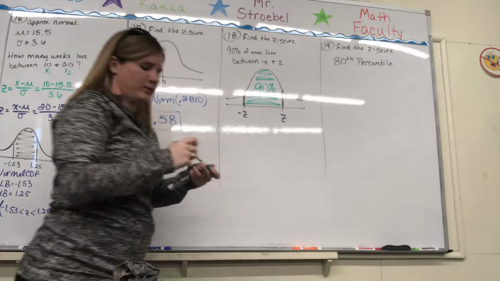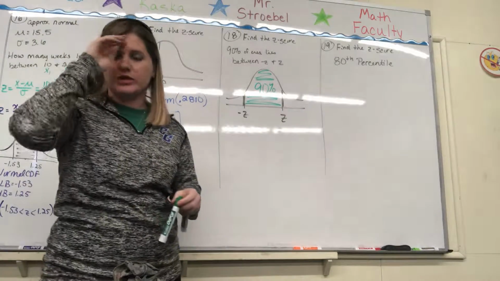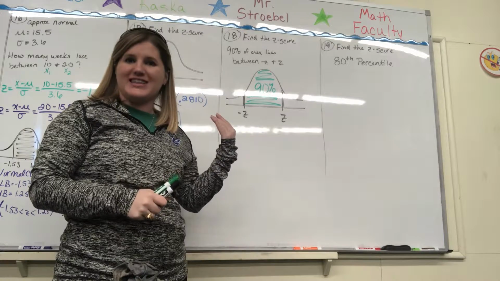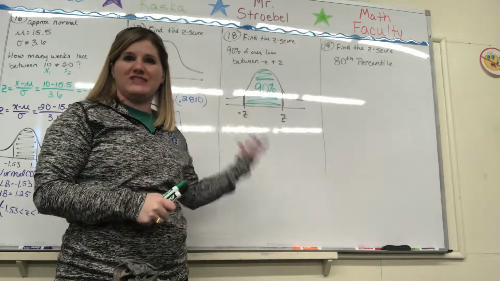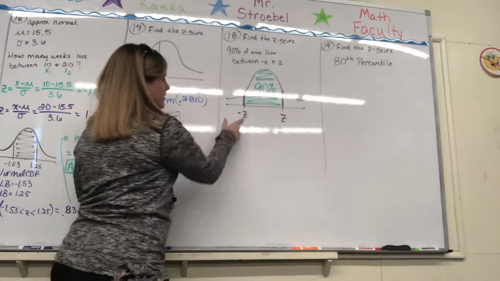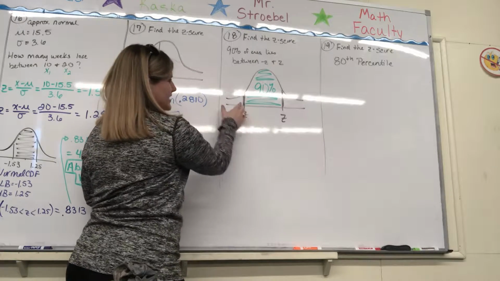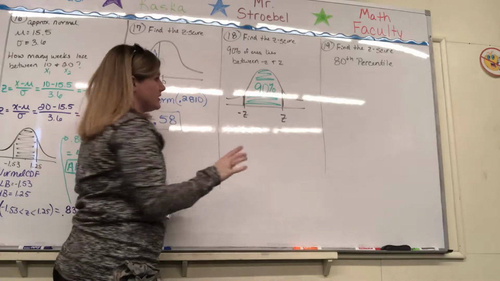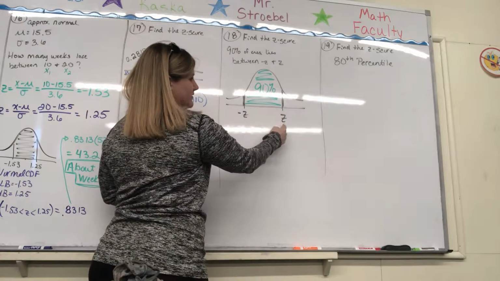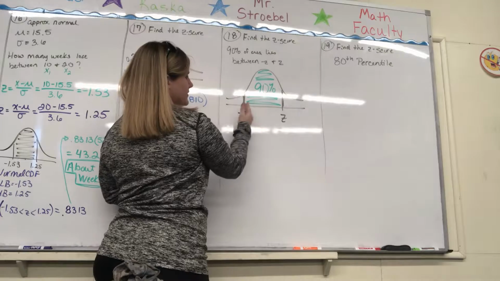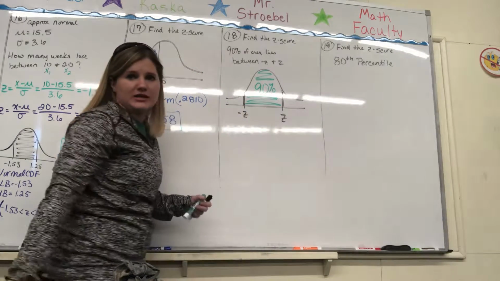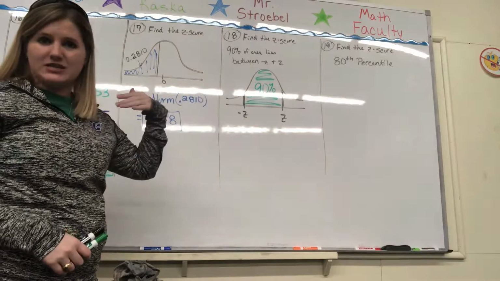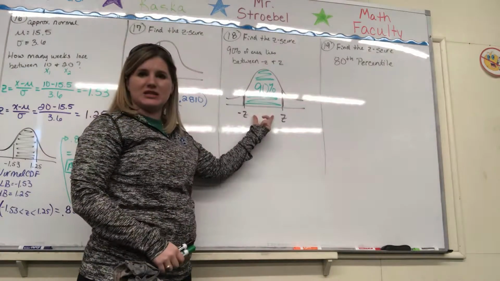But anytime we want to find z-scores using our calculators, we have to know an area that is to the left of a z-score. So an area to the left of our negative z, well, we don't know how much is over there right off the bat. And the area to the left of the positive z, well, we know a lot of it, but again, we're missing that little piece right there. So remember, underneath our bell curve is 100%. We have 90% in the middle.